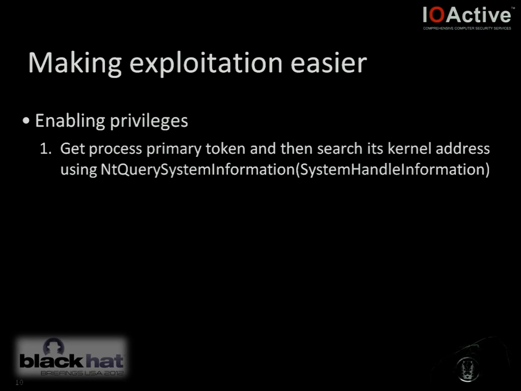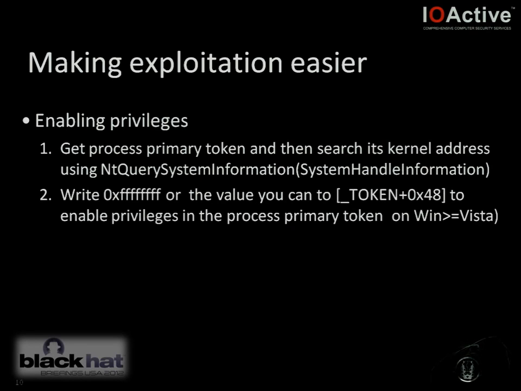So let's see this trick step by step. First, what we need to do is get the primary token kernel address from our exploit process. We can do this by using the NtQuerySystemInformation API, running it and searching through the array of results it returns, identifying our token, and then getting the kernel address.